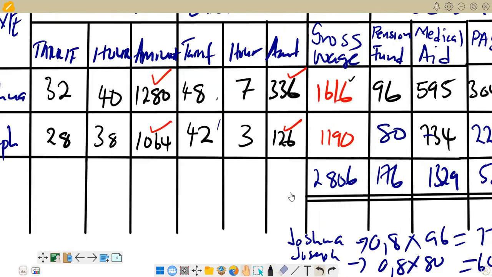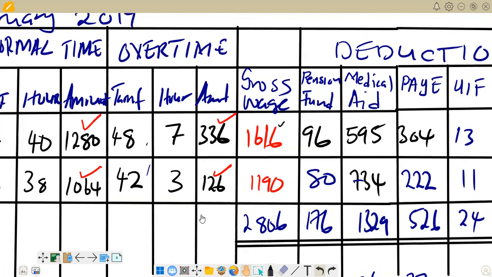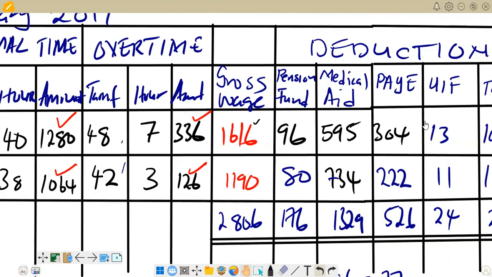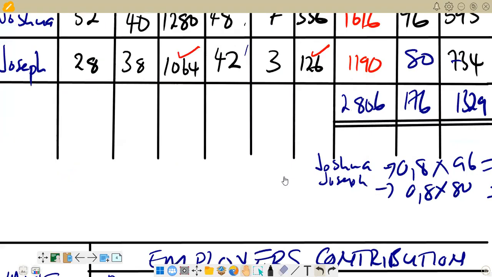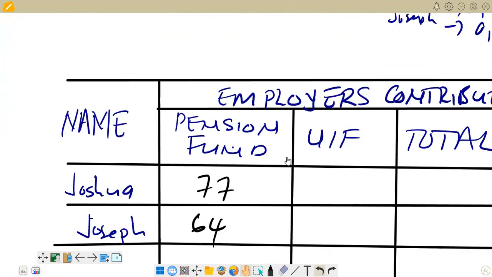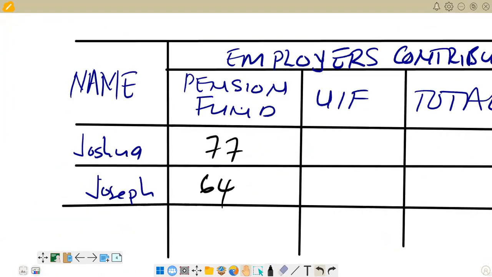For UIF, we see that we've got 13 and 11. So we put 13 here, and then we put 11.